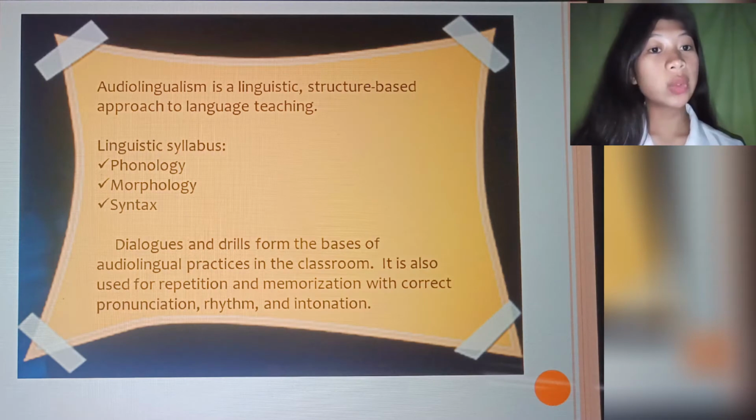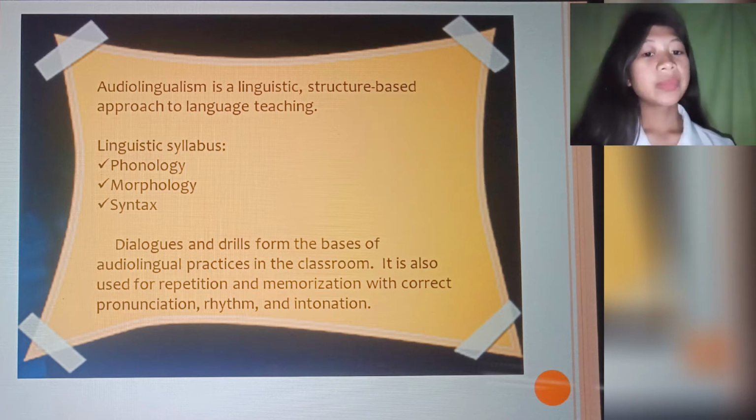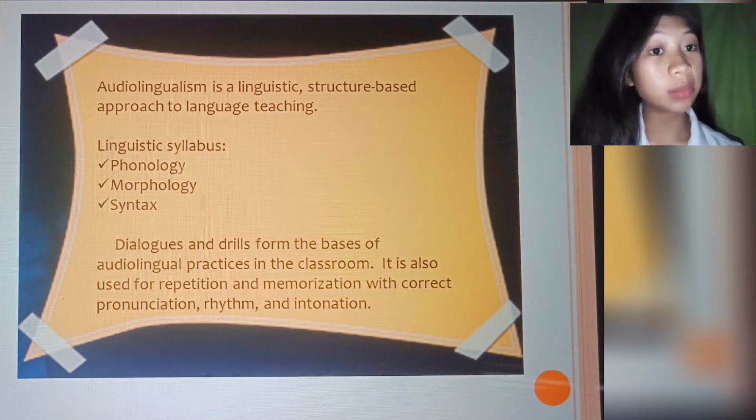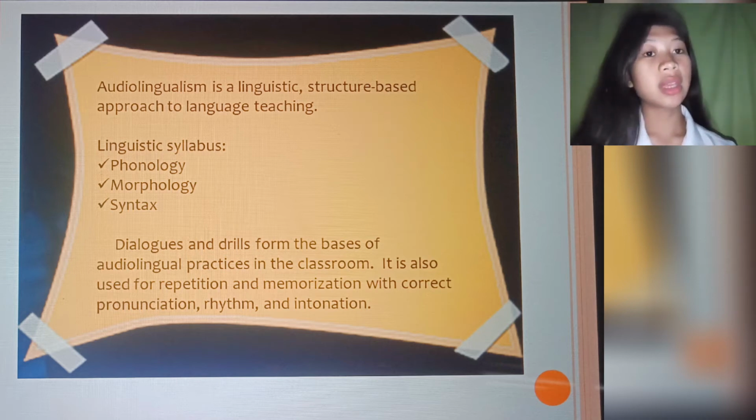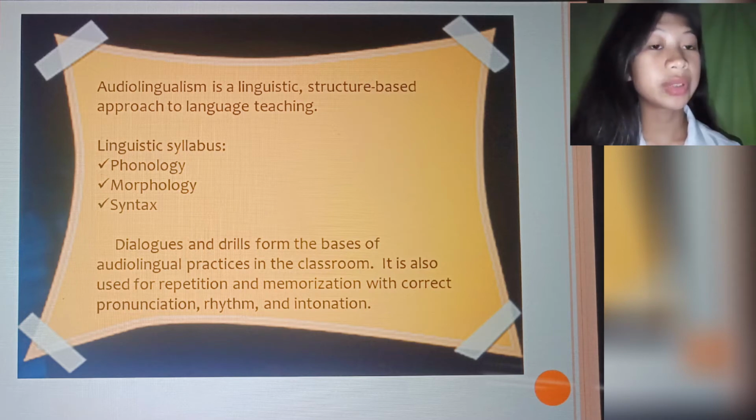So audiolingualism is a linguistic or structure-based approach to language teaching, and the starting point is a linguistic syllabus which contains the key items of phonology, morphology, and syntax of the language arranged according to their order of presentation.